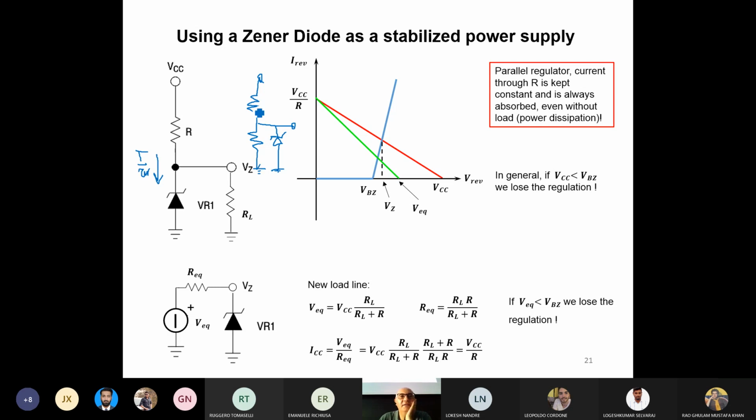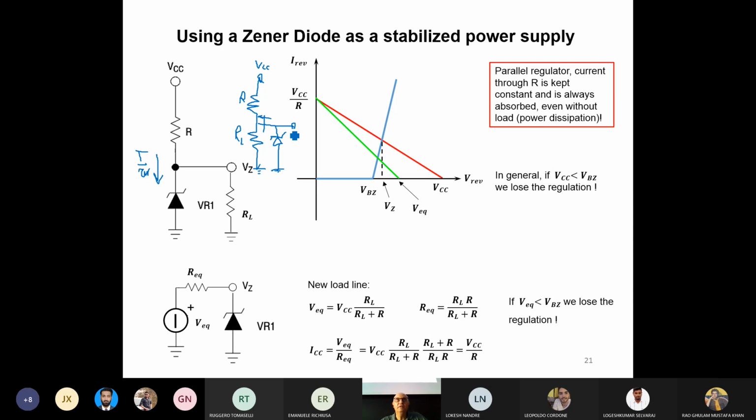But now I see that actually I can consider this part of the circuit to the left, and this is VCC. So those two resistors, one is R, the other one is RL. It actually represents a voltage divider.